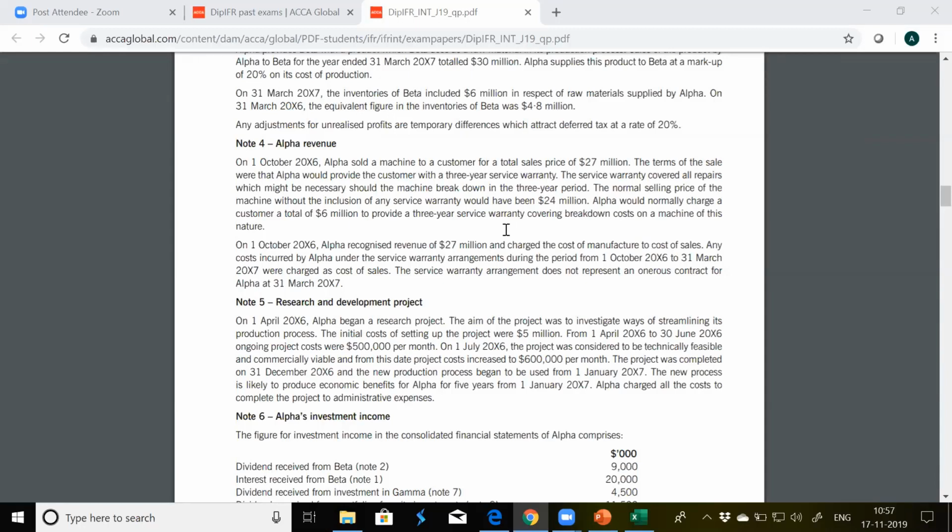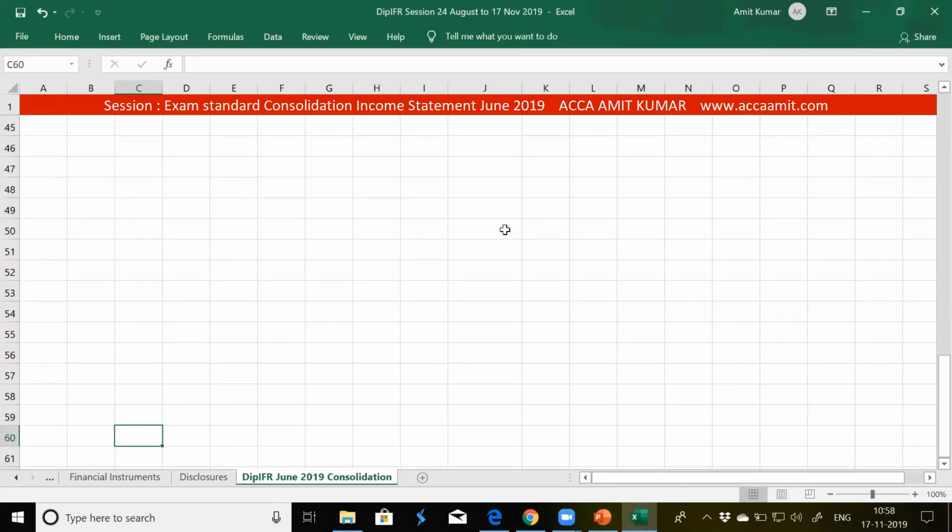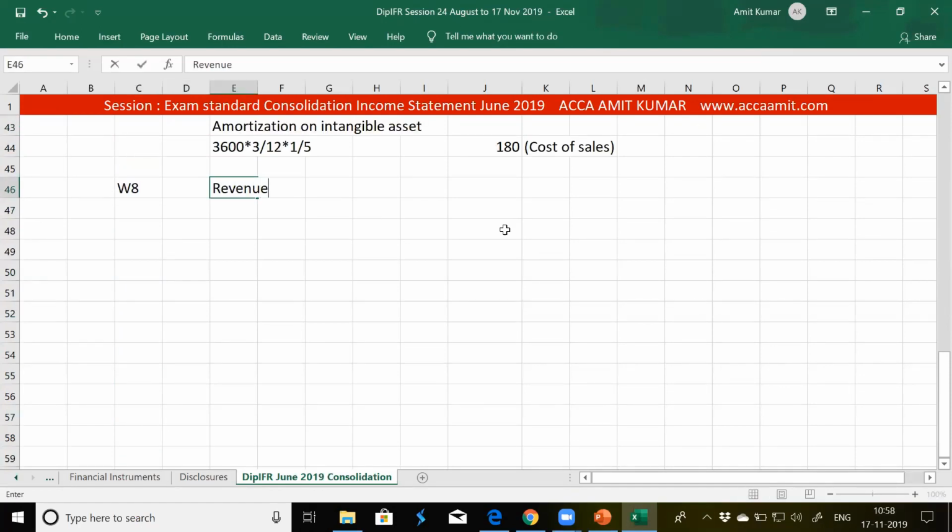Alpha received 27 million, but they need to break it down into how much they received for the machine and how much they received for the 3-year service warranty, because they are selling this 3-year service warranty separately, and it also has a fair value. They received a lesser amount in comparison to the fair values. So how much will they allocate to each, how much to the machine and how much to the revenue received for the 3-year service?